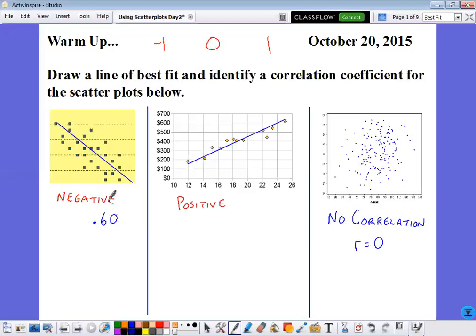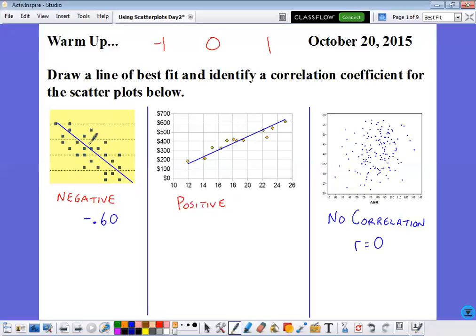Now, since this is a negative correlation, we're not just going to write positive 0.60. We'll write it as negative 0.60. And that's the only time that, whether it's negative or positive, will affect the correlation coefficient. If I look at the next one, it is positive. We've already identified that. However, notice that these dots are a lot closer than those.